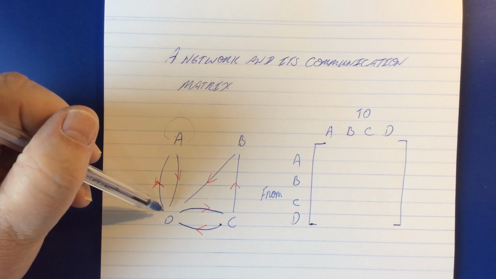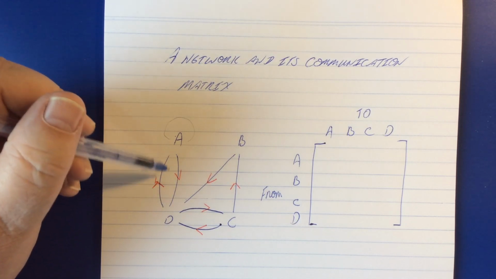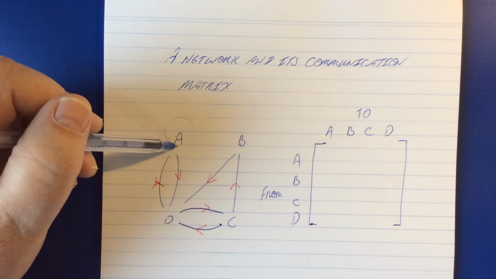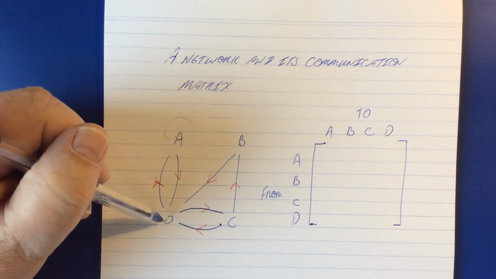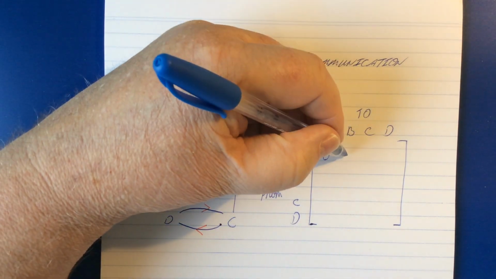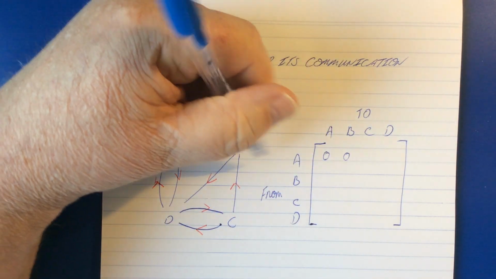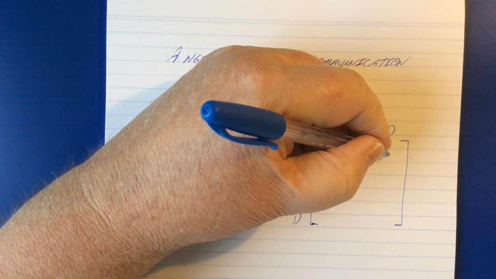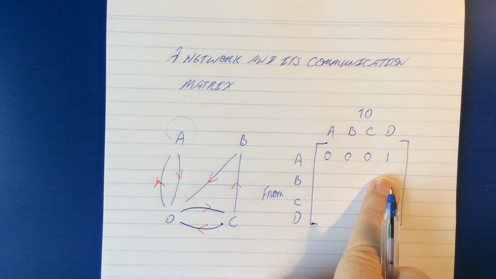So A communicates with D, it does not communicate with B, and it does not communicate directly with C. So it only communicates with D. So from A to A there is nothing, from A to B there is nothing, from A to C there is nothing, and from A to D there is 1. That's our first row.